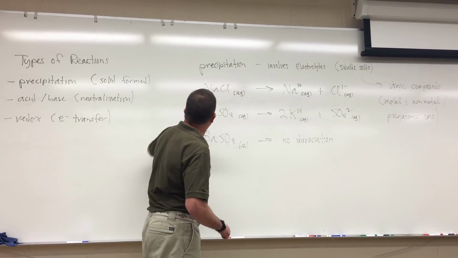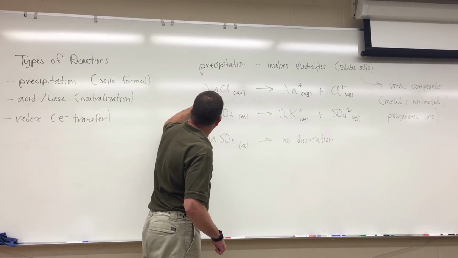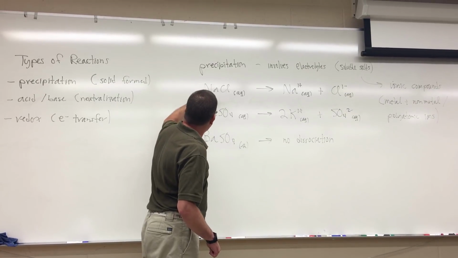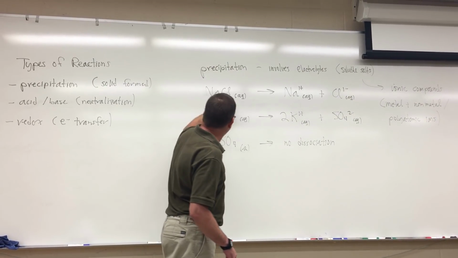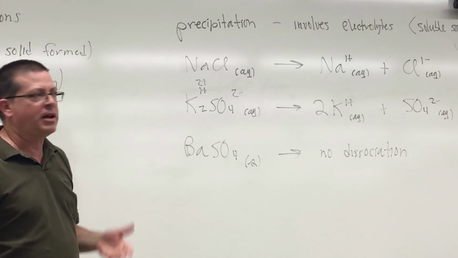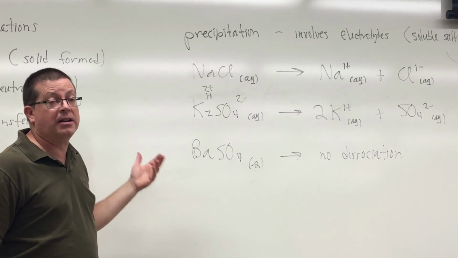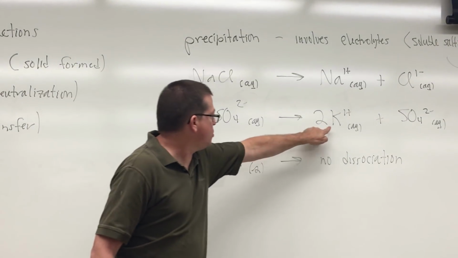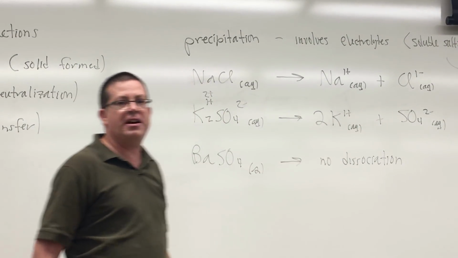I know that's true because a potassium ion is always 1+ in charge, and I have two of them to balance out the 2- charge on the sulfate. So when this comes apart, it's going to come apart into three individual particles: two potassium ions and one sulfate ion.